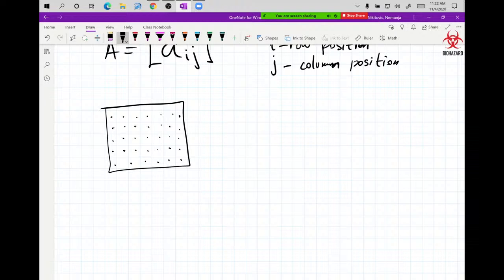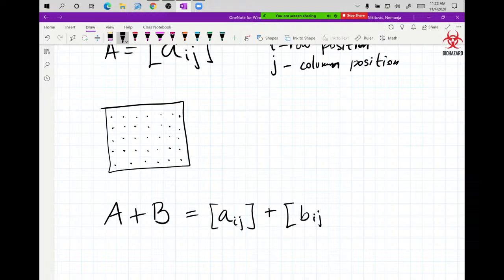So it's very easy for us to say that matrix A plus matrix B is equal to Aij plus Bij, meaning that every entry of A that has an ij location is going to be added to the same location with the value B.